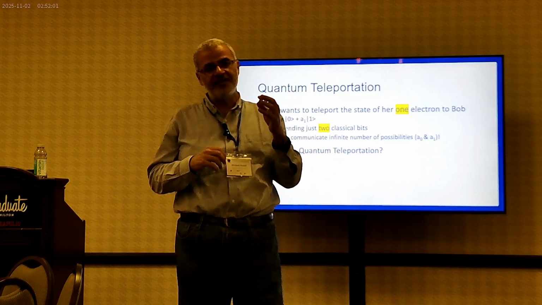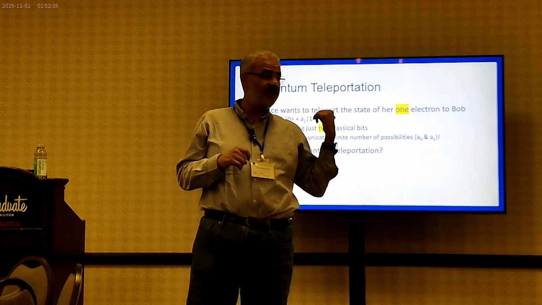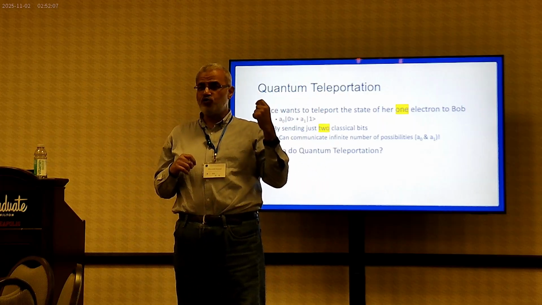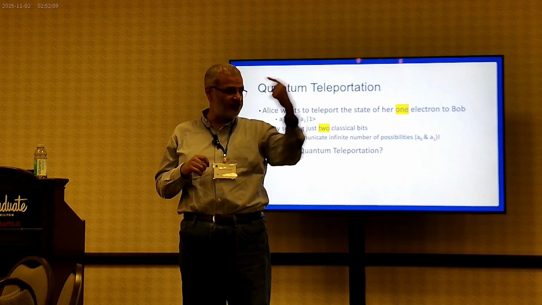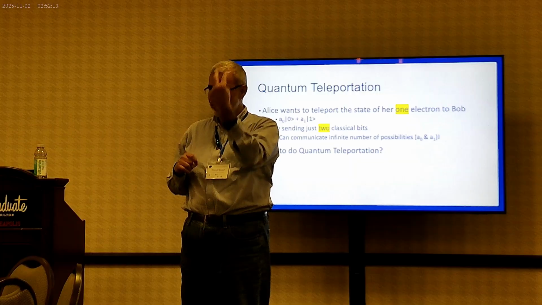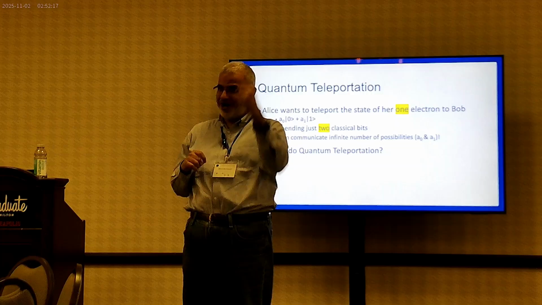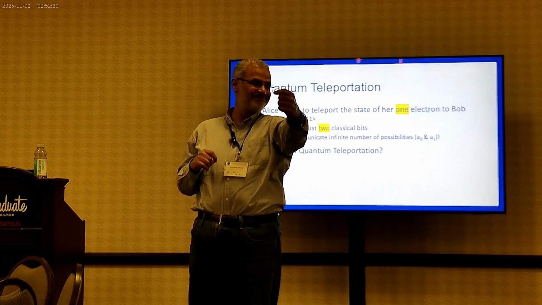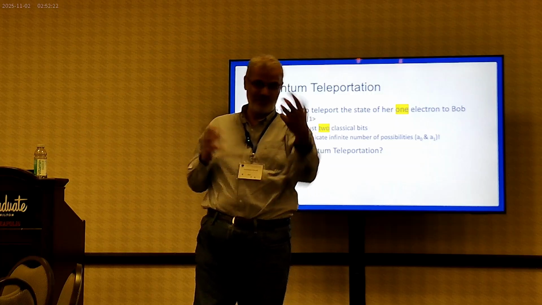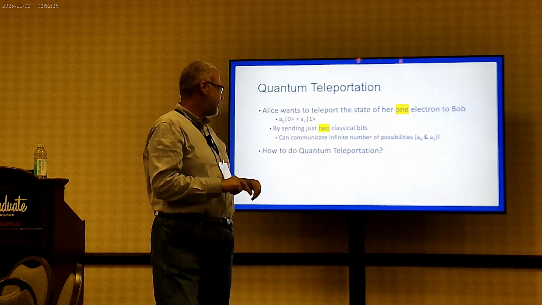So we said, how many possible states can I have for a general qubit? Infinite. So I want to tell Bob one out of these infinite states by sending him 2 bits. So how can I, using just 2 bits, determine one out of infinity? This is weird, right? So there is a trick.